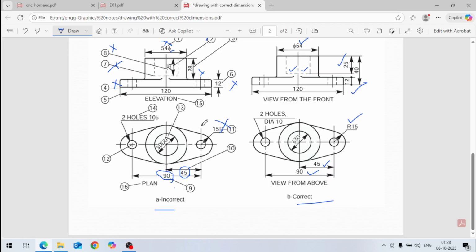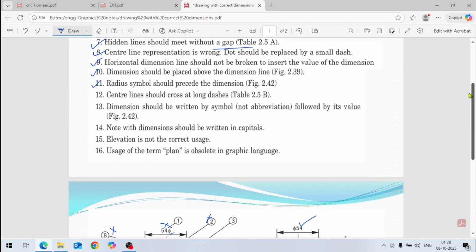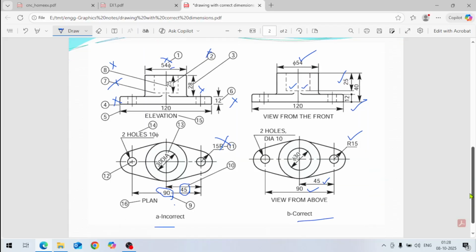Then in number 12, the center line should cross at long dashes. The center line should always cross at long dashes. So this center line is crossing at small dashes. This is wrong. It should cross like this on the long dashes. This method is okay.